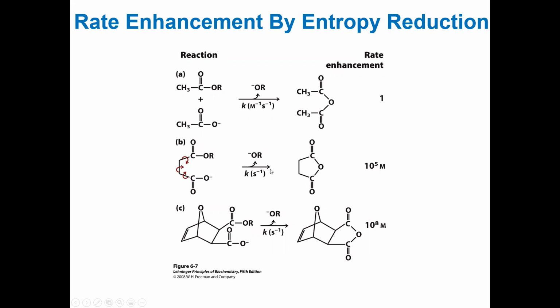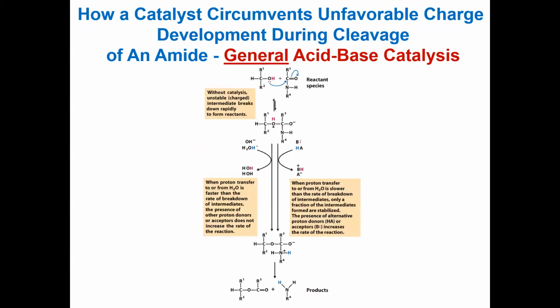That's what it means, but I don't want you to get bogged down with too much. What you can see is that the rate can be enhanced dramatically if you can reduce the entropy of the reacting partners.